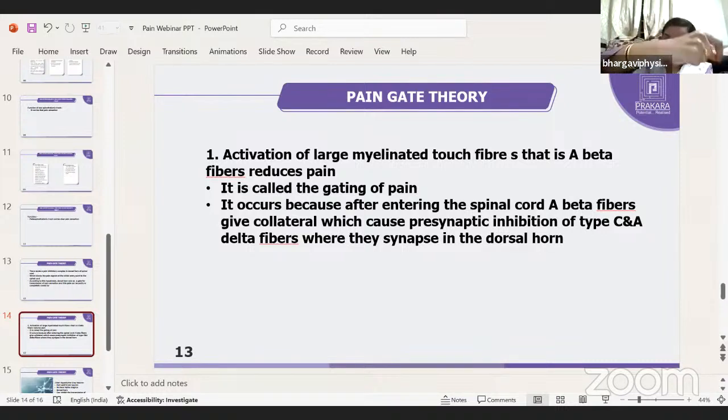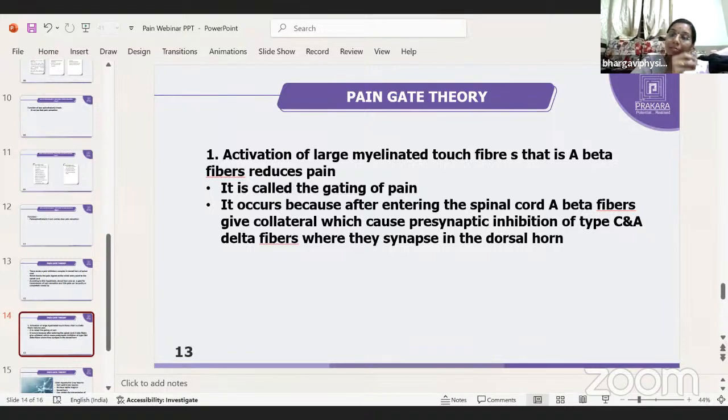When it is sending the collaterals to these fibers, what is the mechanism? Through presynaptic inhibition, it is going to prevent the transmission of the pain signals from the A delta and C fibers.